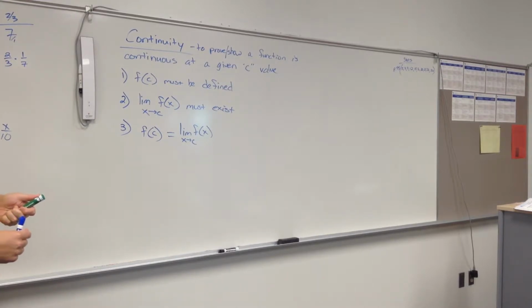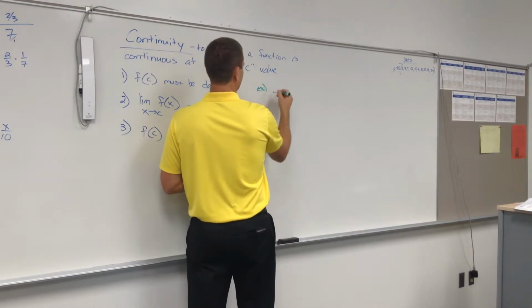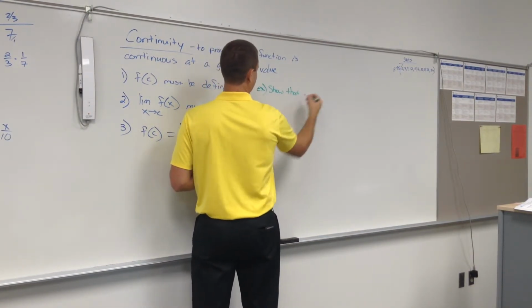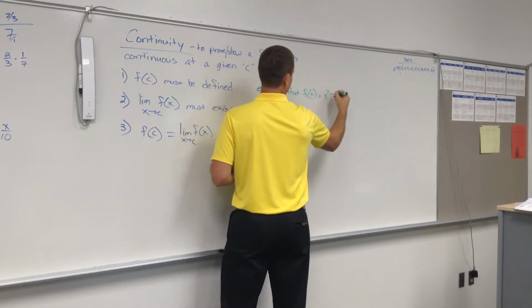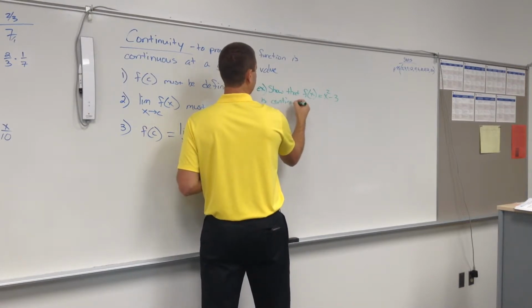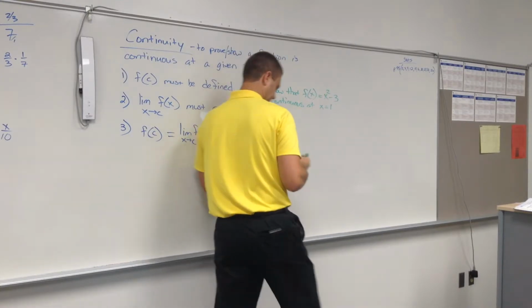Okay? We'll do an easy one here together. Show that f of x equals x squared minus 3 is continuous at x equals 1.